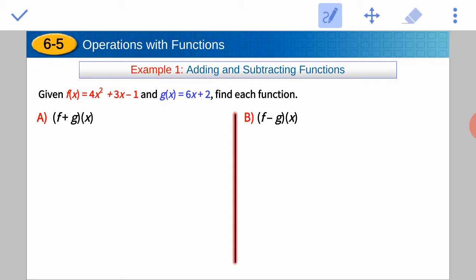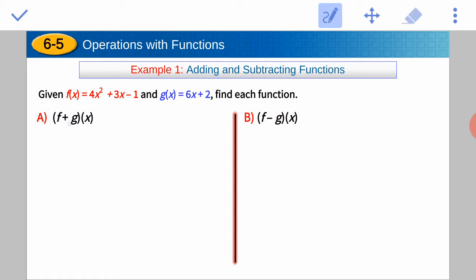Example 1, adding and subtracting functions. In this example, we are given two functions, f of x defined by this rule and g of x in blue defined by that rule. We need to find the addition f plus g of x and the subtraction f minus g of x.